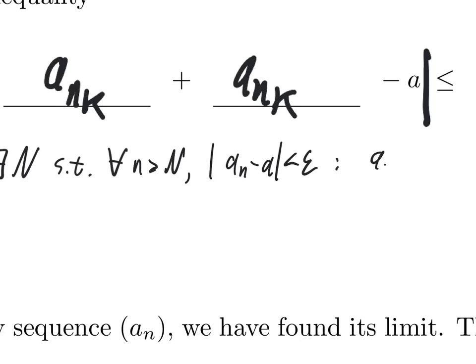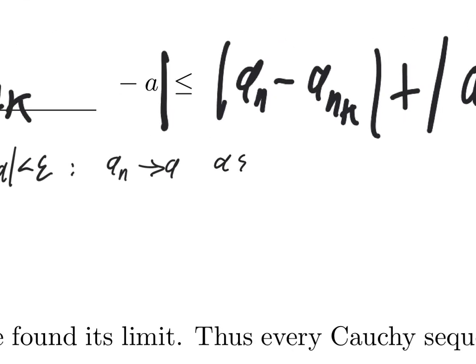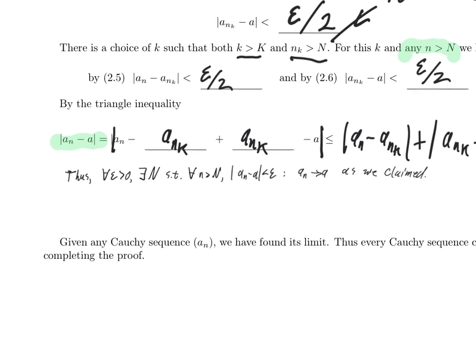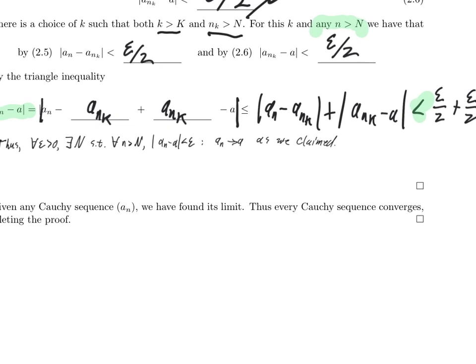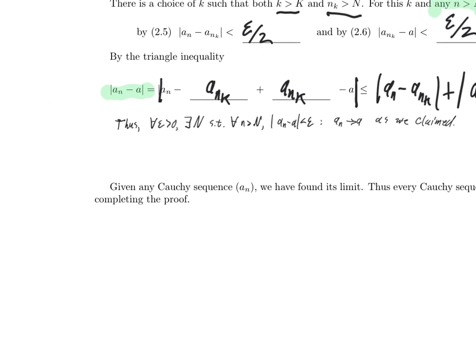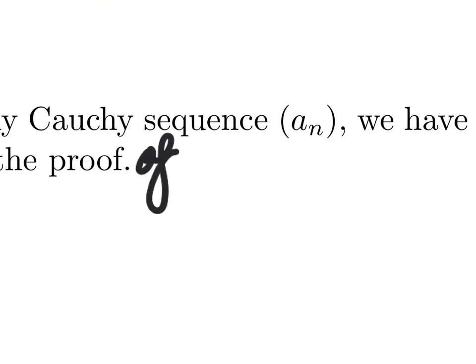That means that a sub n converges to A, as we claimed. Thus, given any Cauchy sequence, we have found its limit. That's what that previous claim was. So every Cauchy sequence converges. That completes the proof of the Cauchy convergence theorem.